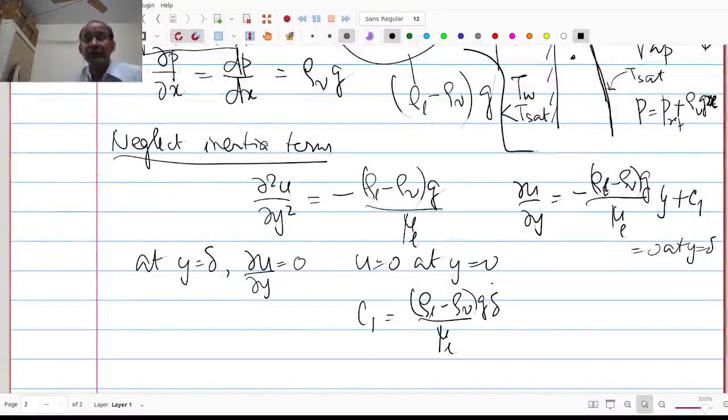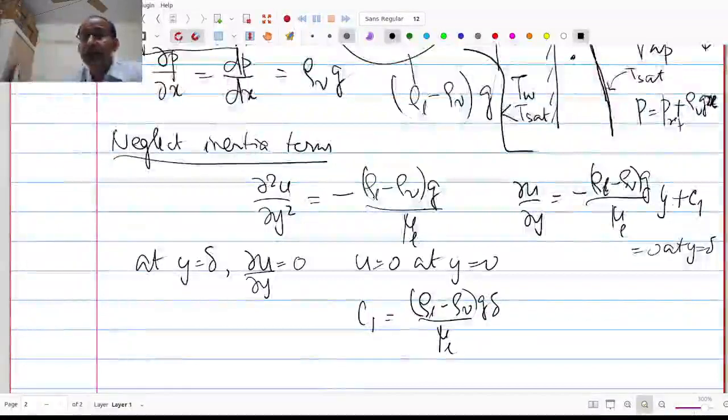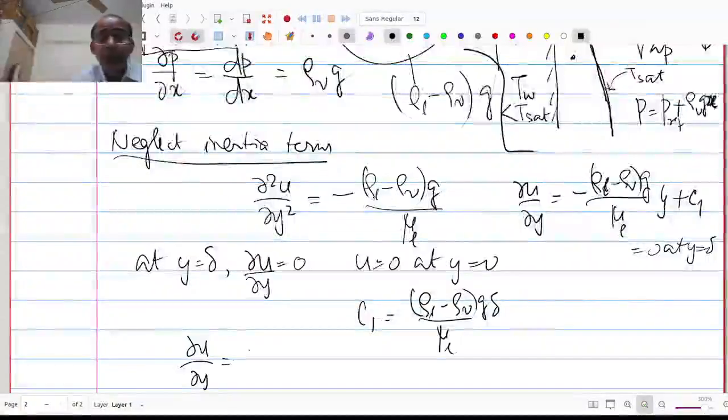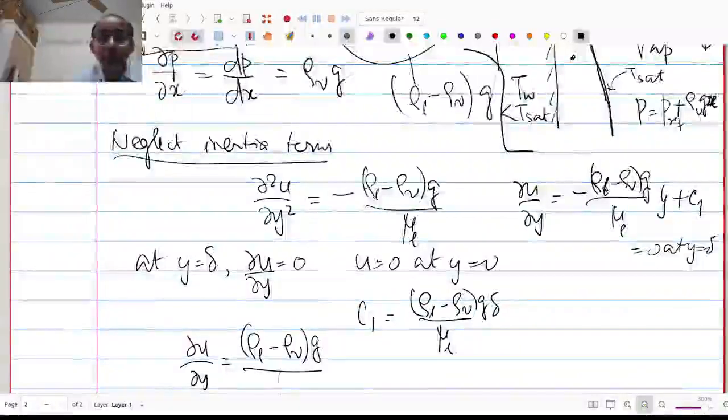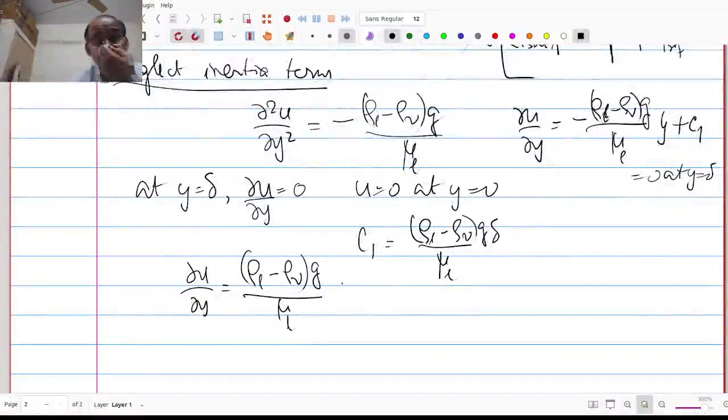If I substitute that into this expression, I'll get del u by del y is equal to rho L minus rho V into G by mu L multiplied by delta minus y.